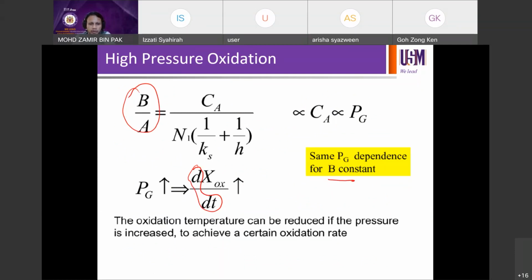So the oxidation temperature can be reduced if the pressure is increased. So just like what we discussed now, you can increase one and reduce the other in order to maintain the thickness. Okay. So pressure here is proportional to the rate of growth, dx_ox/dt. Okay.